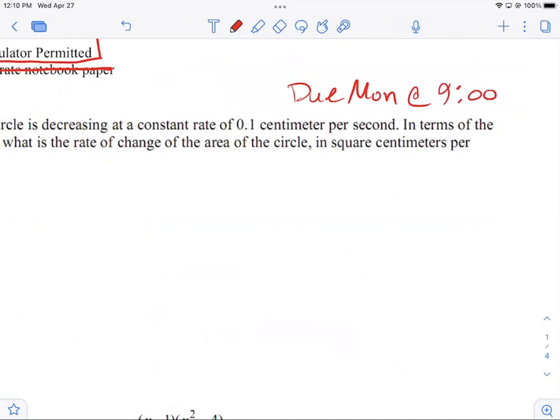So Monday will be what, the 32nd? May 2nd. I think it's May 2nd. Okay. Any questions on that?